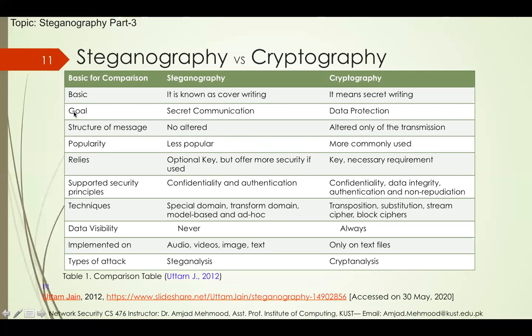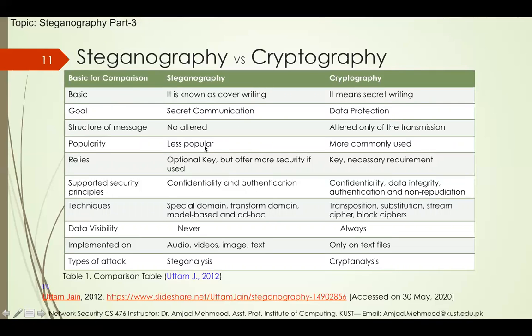In case of goals, the goal of steganography is secret communication, whereas the goal of cryptography is data protection. Regarding the structure of the message, no alteration is done in the structure of the message in steganography, whereas in cryptography it is altered during transmission.